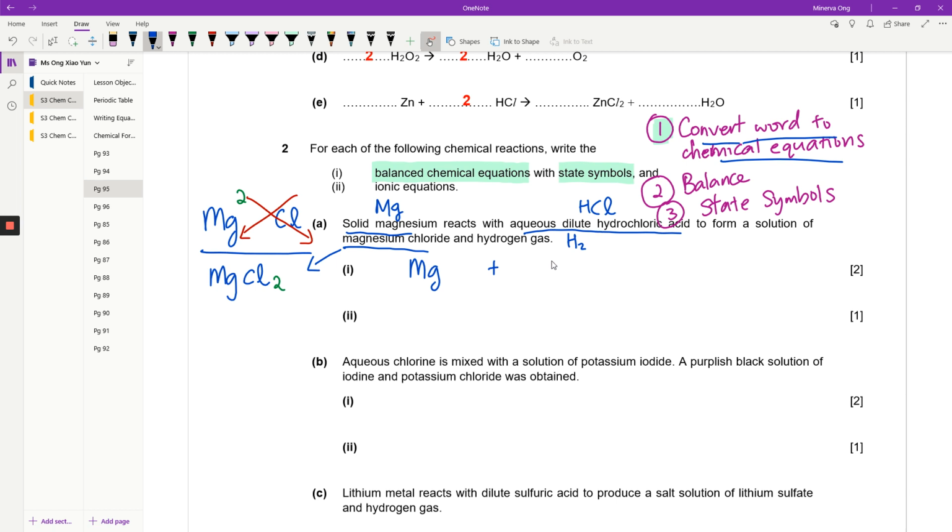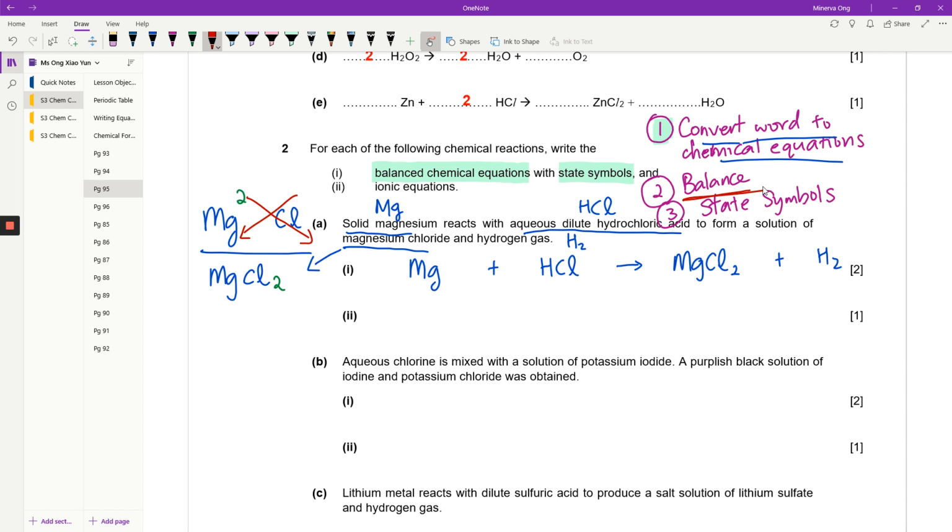So reacts with HCl. Again, space in front and behind, and an arrow. MgCl2. And some space, H2. So just make sure you spread out so that you have room to do the balancing.